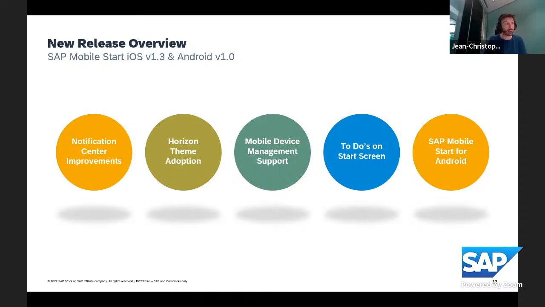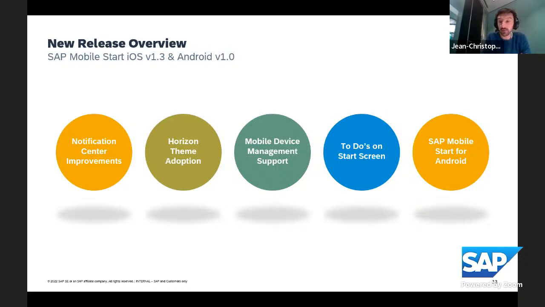As mentioned, Android is now available, which is a very good step forward. But even on the iOS version, we have new improvements. For example, we have a big improvement in the notification center, where we now have a centralized page to show you all the notifications on the mobile application.